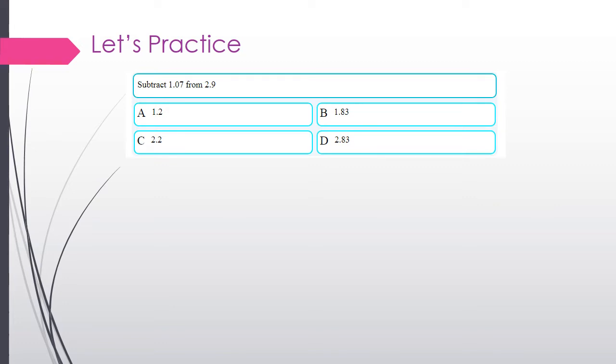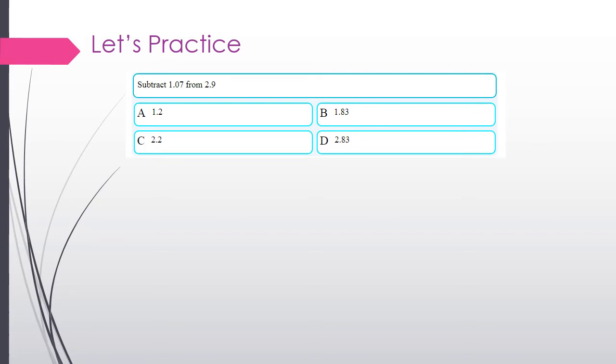The first question, subtract 1.07 from 2.9. Line up the numbers, the big number first, 2.9, then down 1.07. Make sure the decimal point is below the decimal point. Tell me, do we need to add 0 here? Good. Yes, we need to. Why?